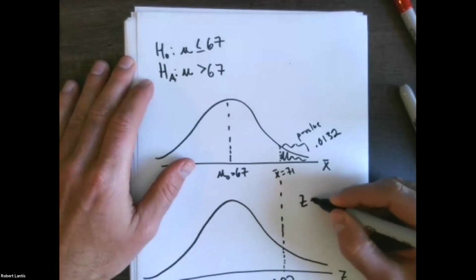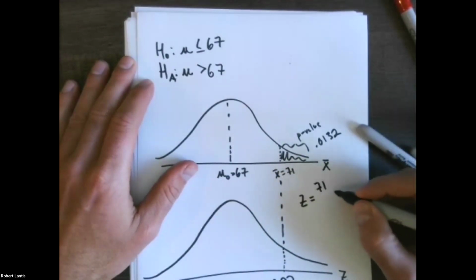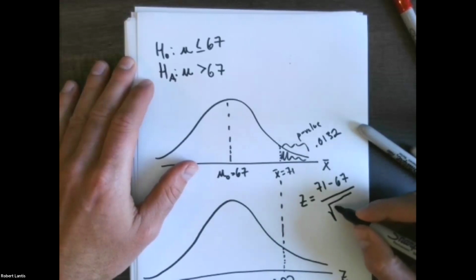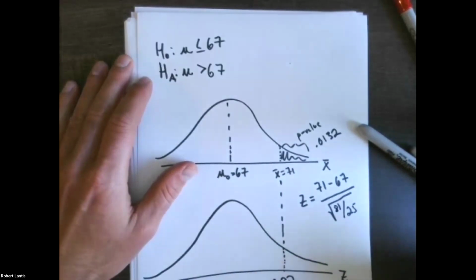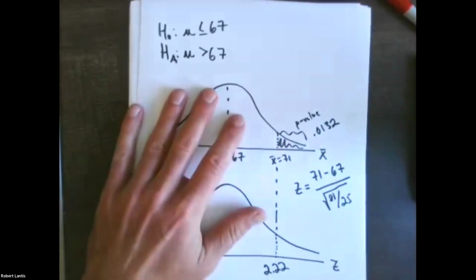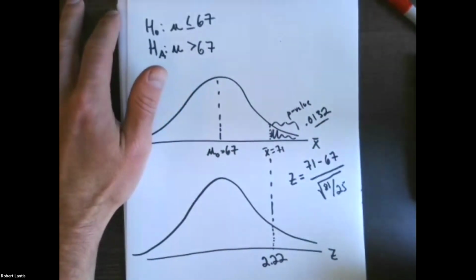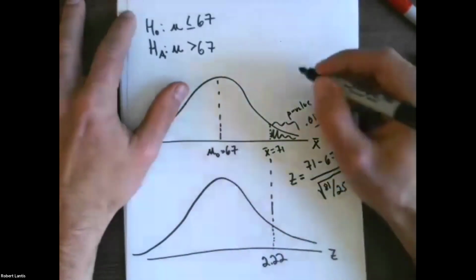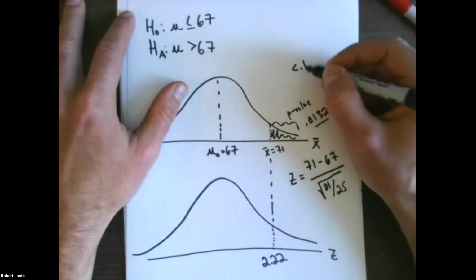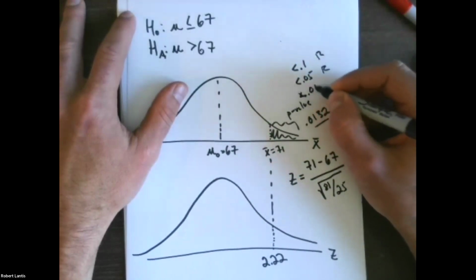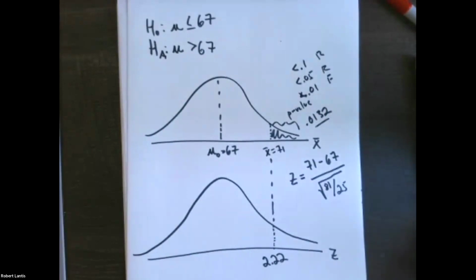So how did we find that test statistic? We took our sample mean, subtracted the assumed true mean, divided by the square root of our population variance, which was 81, divided by our sample size, which was 25 people. Get 2.22, look that up in our standard normal table or using Excel, and that's where we got that p-value of 0.0132. Okay. It's less than the alpha of 0.1 and 0.05, so we would reject at those two levels, not less than 0.01, so we would fail to reject.